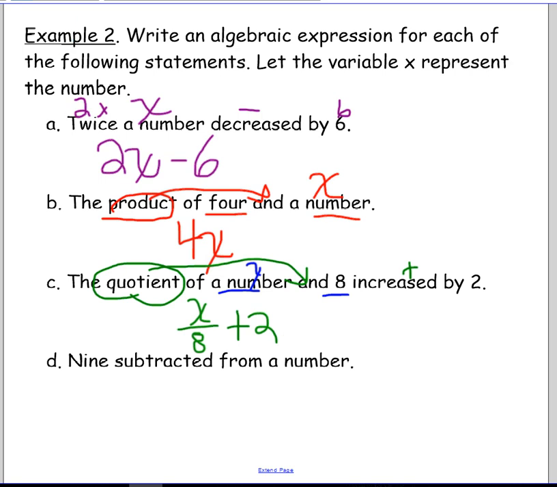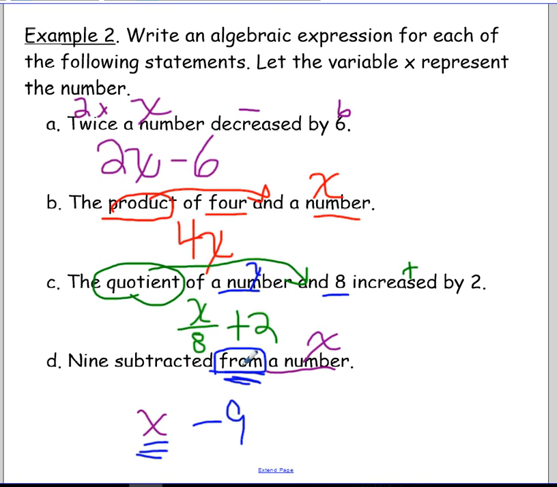For D, we have 9 subtracted from a number. So this one's a little bit trickier because of the wording. Subtracted from. You have to have something to be able to subtract from it. So that word from tells us that we have to switch the order. And so we're taking 9 away from something. And what that something is back here, our number, so our unknown variable x.